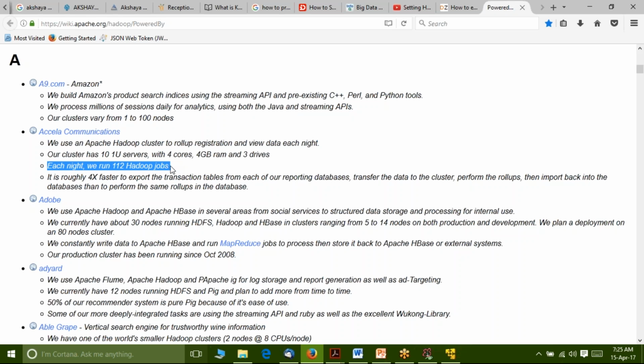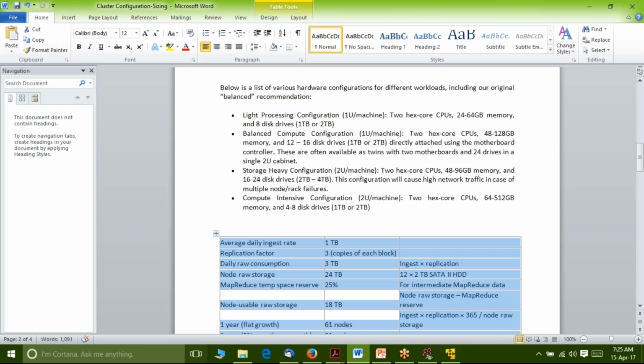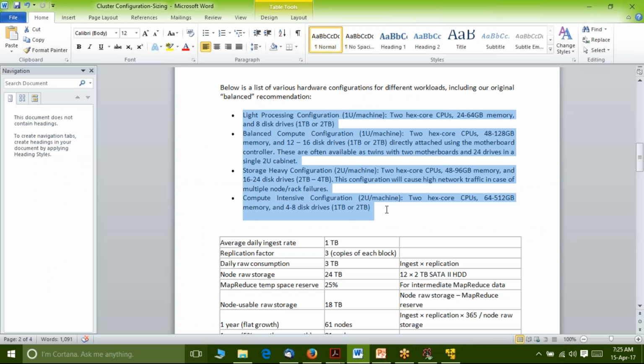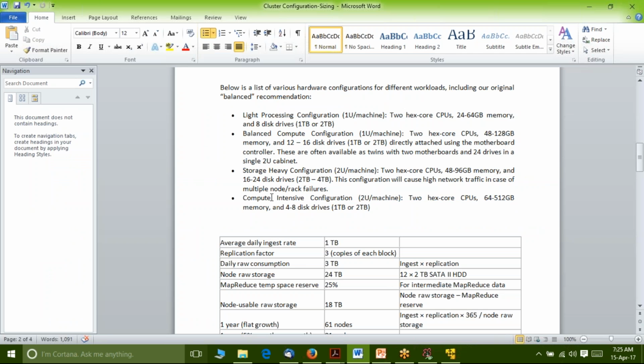So I need to take all these parameters into consideration before I decide which of these 4 my cluster belongs to: whether it is compute intensive, storage intensive, balanced compute, or light processing. Based on that only, I am going to decide how to go with my cluster configuration. It makes sense, friends? Storage is one side of the coin.